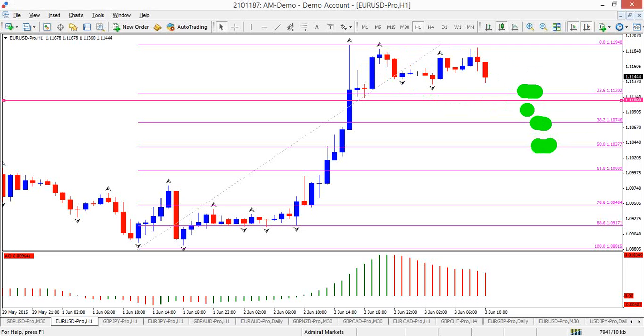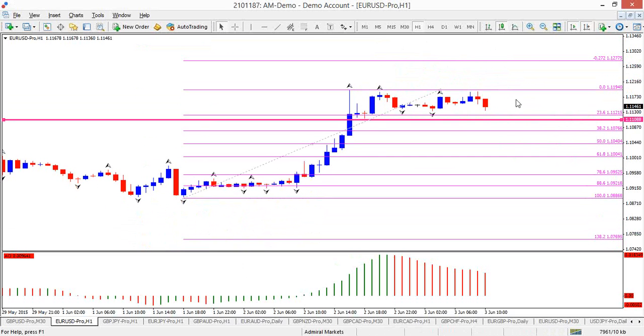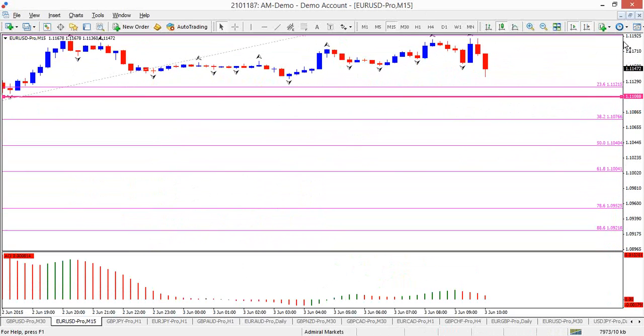So from that point of view, it's not as straightforward, in my opinion, as yesterday. Now, let's see if there's a scenario where price breaks the top here, and on a smaller time frame, let's zoom into the 50-minute chart.